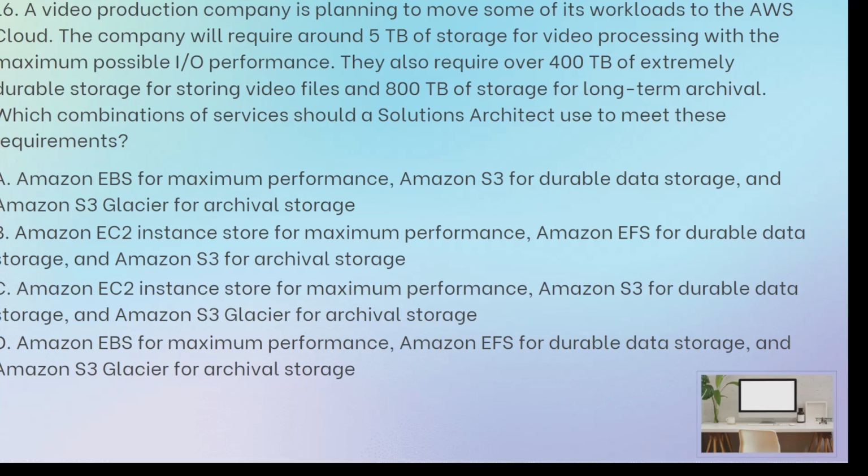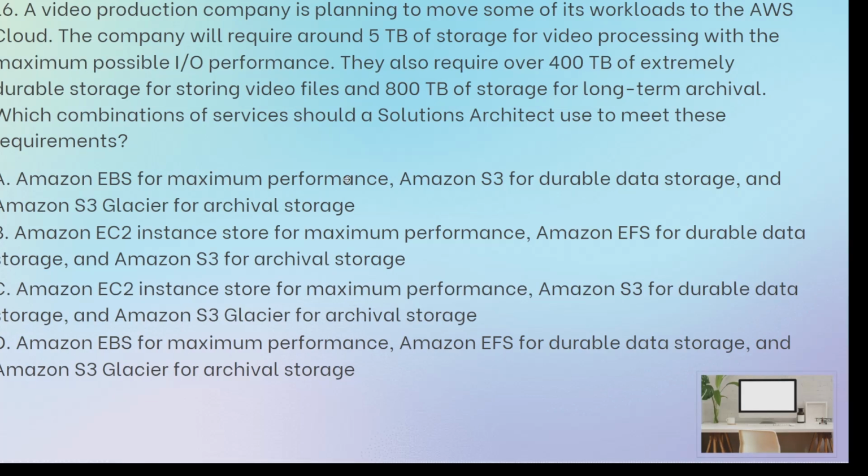Now why the others are not correct. The first option here, S3 for durable data storage and S3 Glacier, is correct. Why not EBS? EBS is not going to provide you as much I/O performance as an instance store. It can provide it, but not the maximum I/O as they want according to the requirement. So instance store is a better option.